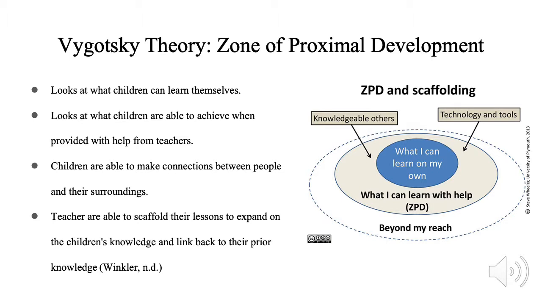Zone of proximal development allows teachers to scaffold and use Fogarty's shared model, which will help the teachers to use a multidisciplinary approach to use a certain topic or theme between subject areas. This allows them to create a fun, engaging lesson and to connect the students to new learning and extend on their prior learning by integrating guided practice within their lessons.